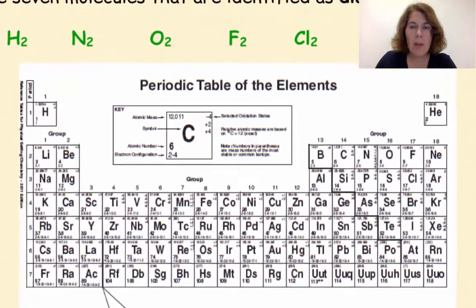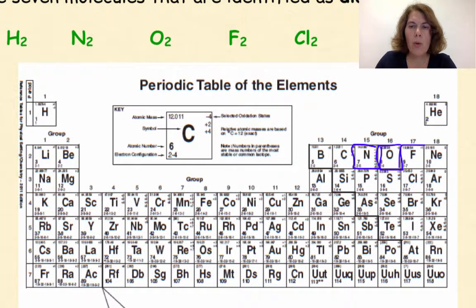Let's start with nitrogen, which is right here, oxygen, fluorine, chlorine, bromine, and iodine, which is right here. And then finally hydrogen, which just has to be special and over here. You can almost see that it makes a 7, so we call it the diatomic 7.